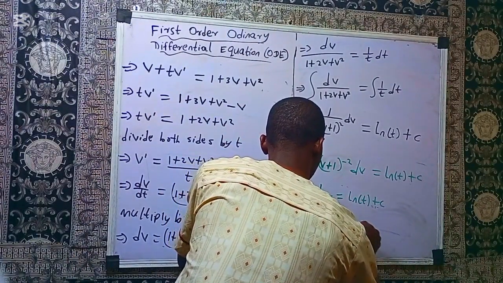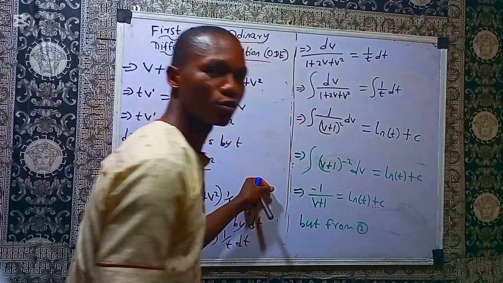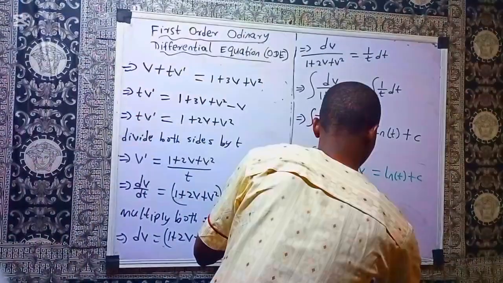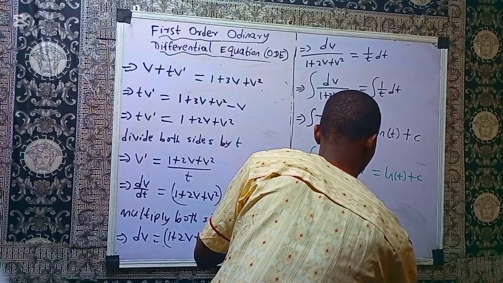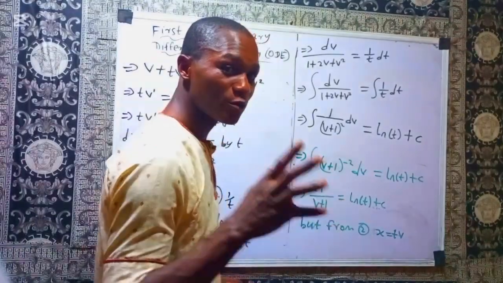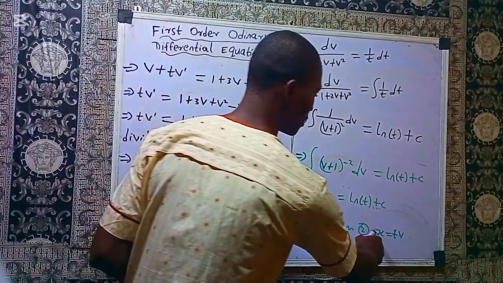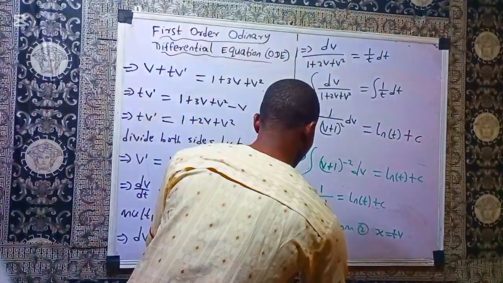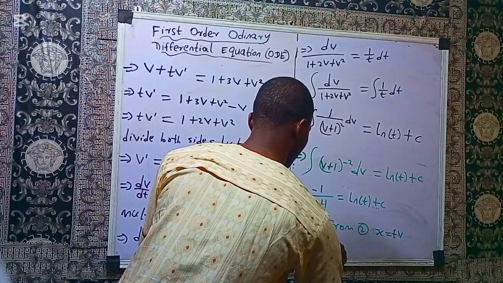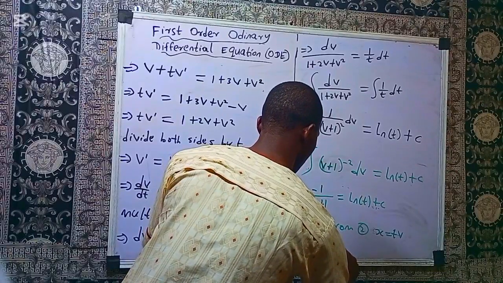From equation 2, x equals tv, which implies that my v will be equal to x over t.